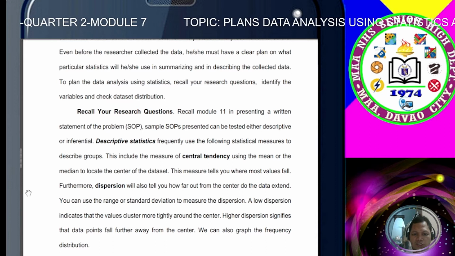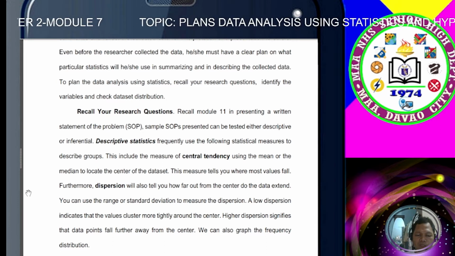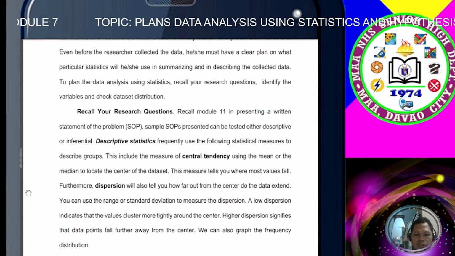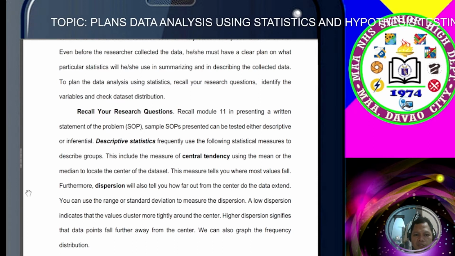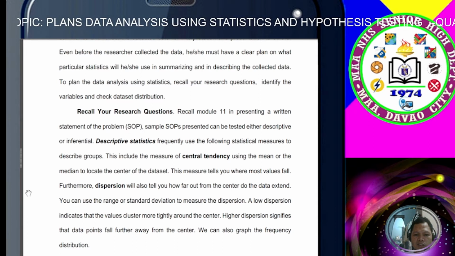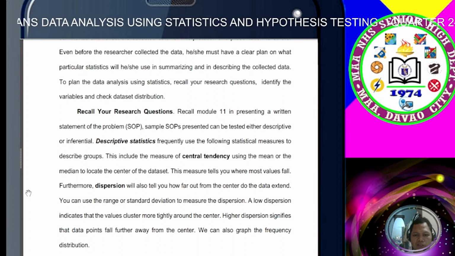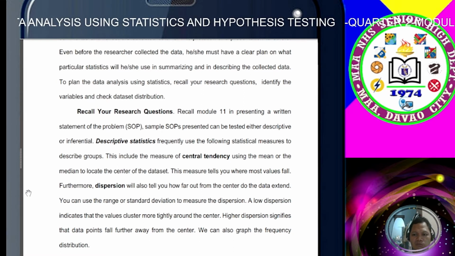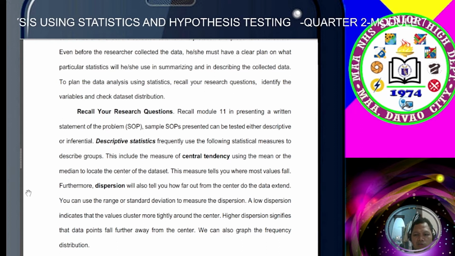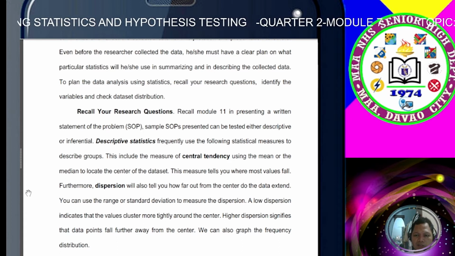Now, descriptive statistics frequently use the following measures. We have the central tendency, using the mean or the median to locate the center of the data set. I think you're familiar with this because it was discussed in your Grade 8 and Grade 10 mathematics.